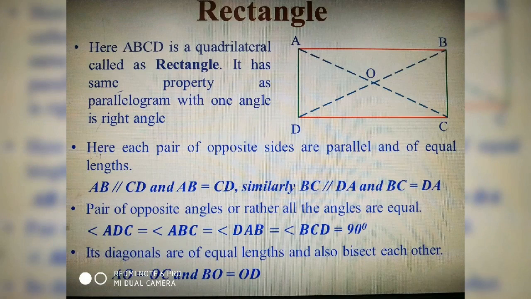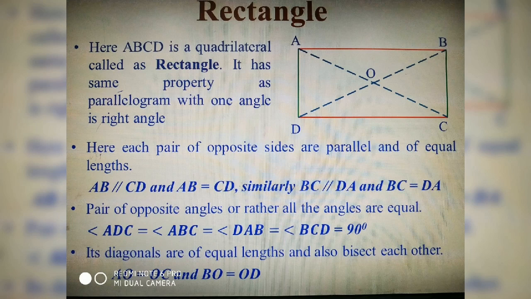Next is rectangle. A rectangle is a parallelogram where each angle is 90 degrees. Here ABCD is a quadrilateral. It is called a rectangle because it has the same properties as a parallelogram with one angle a right angle.